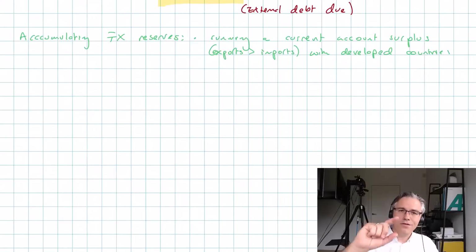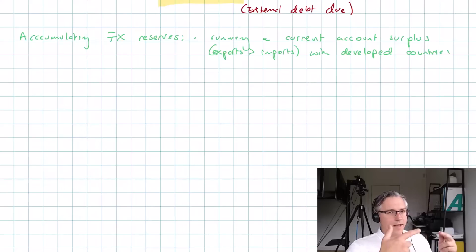But if there's a net US dollar inflow from my export/import activity, so I've got a trade surplus, I'll typically go to the bank to then exchange those US dollars for my own currency, in which I have to pay wages and suffer all the costs and pay taxes, etc. So that will typically trickle its way down to the central bank, and the central bank will end up with the US dollar or whatever other developed country currency reserves sitting on its account.